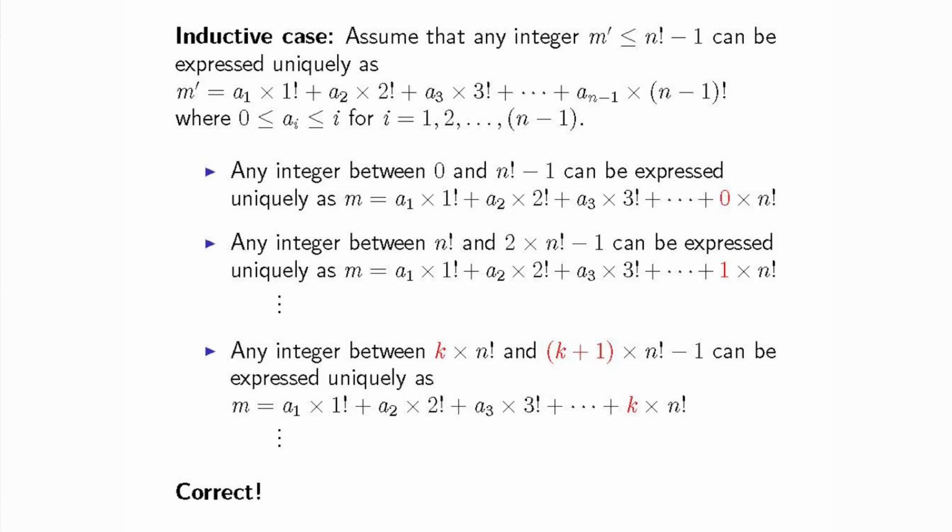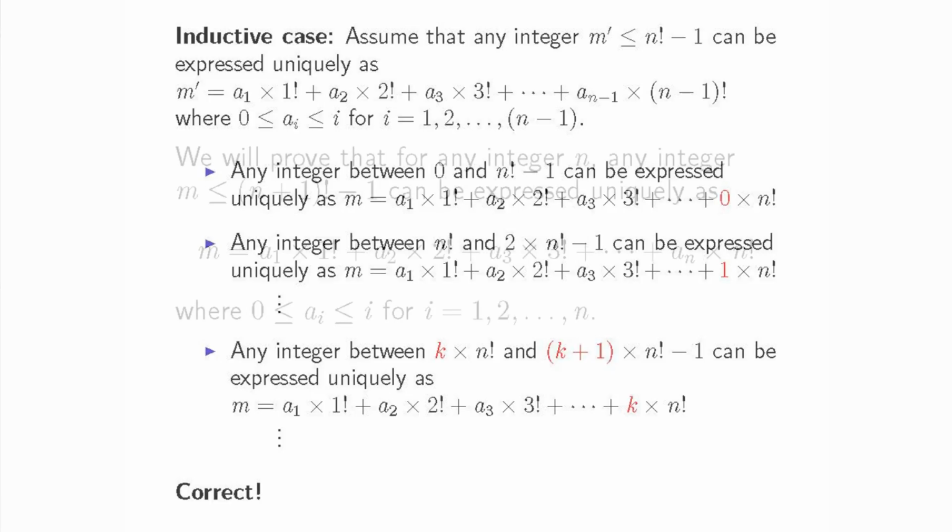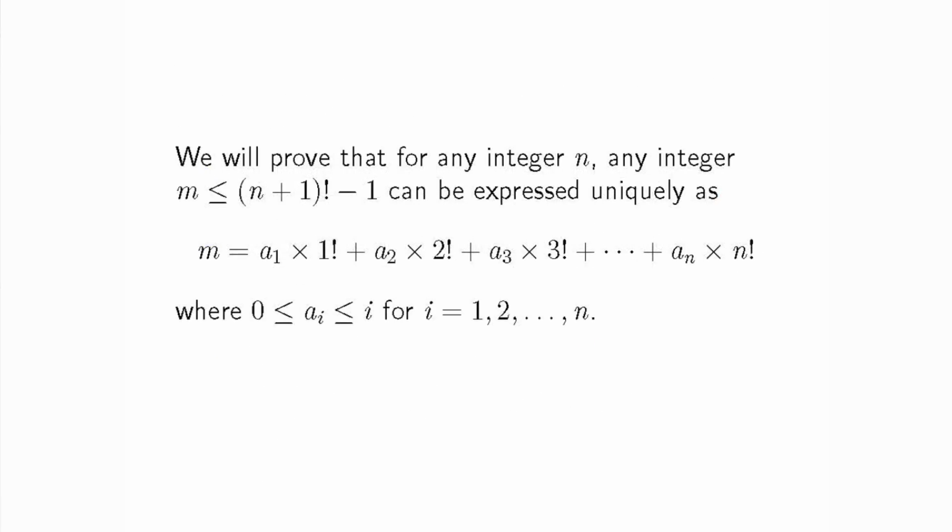And for different groups, they will have different values for an. So any two numbers can be expressed uniquely. So the inductive case is also true. By induction, this statement is true. So is everyone okay with this proof? Yes, okay.